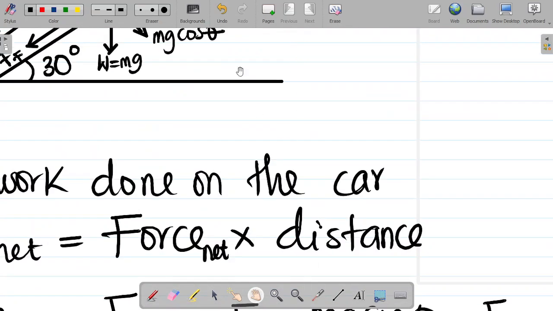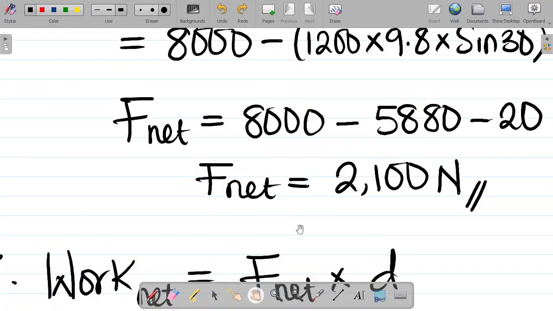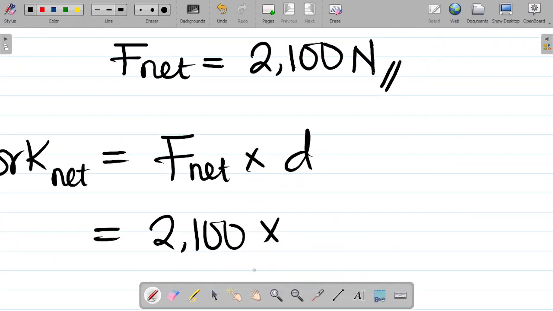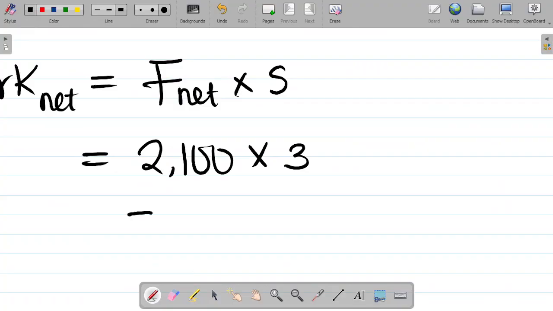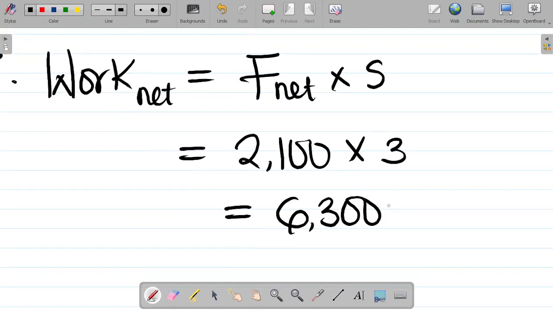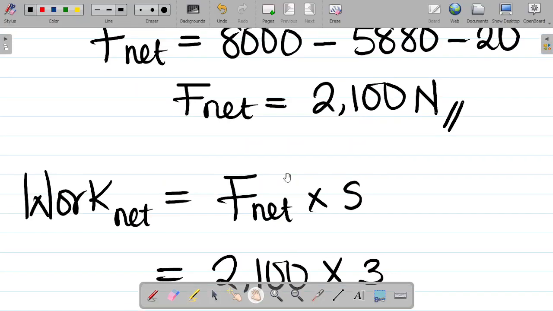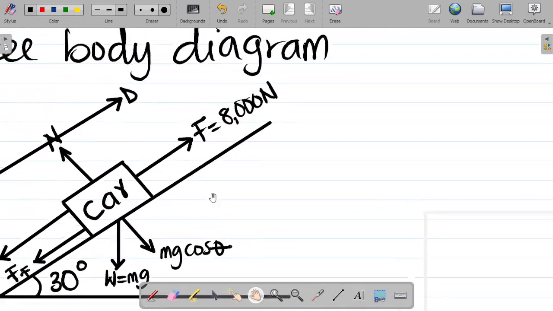So 2,100 times 3 is equal to 6,300. I'm calculating for work done, so work will be in joules. The answer there is 6,300 joules.